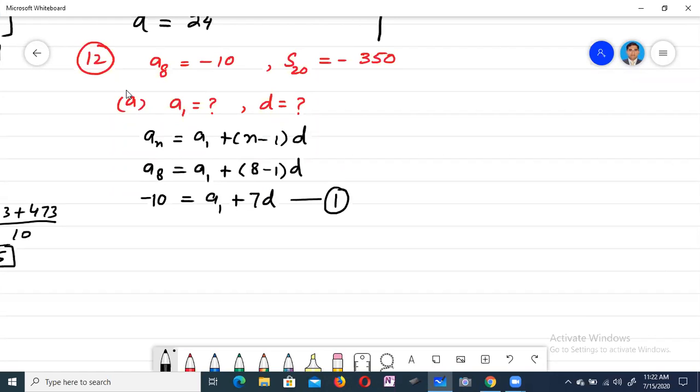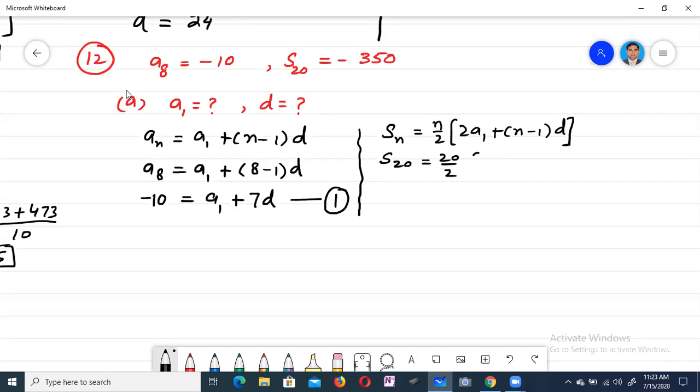Now, as S20 is also given there, we will use Sn, n by 2 into 2a plus n minus 1 into d. For n we will use here 20. 20 divided by 2, into 2 a1 plus 20 minus 1 into d.